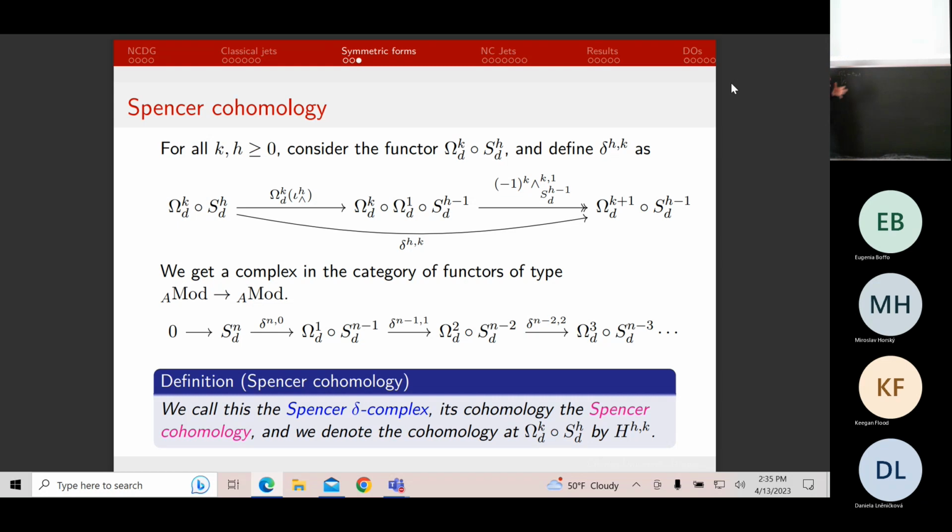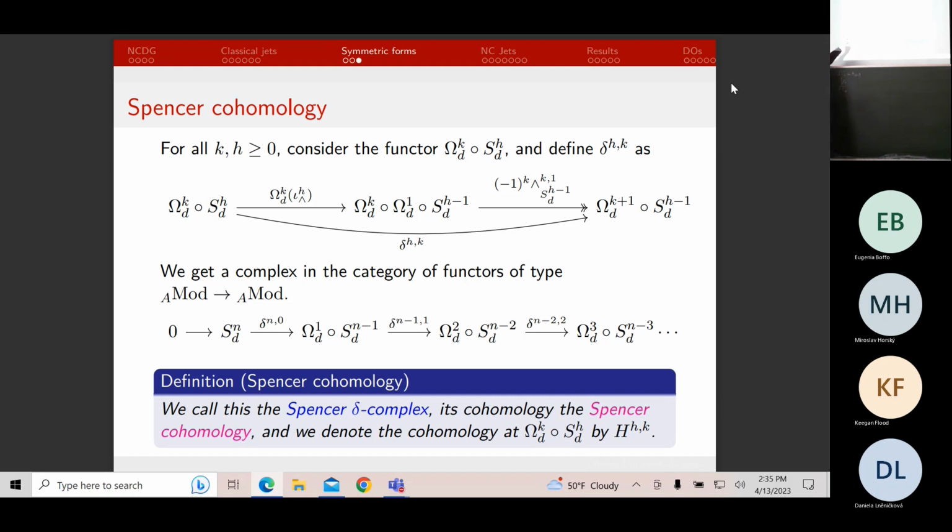The components of the Spencer complex are omega k tensor the composition of functors, in this case Sh. And the way it works is the differentials are such that the quantum antisymmetric part increases and the quantum symmetric part decreases.